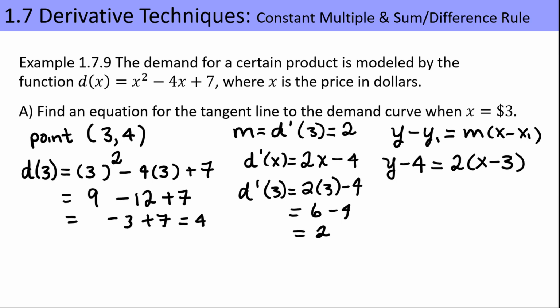Let's put this in the slope-intercept form. So we have y minus 4 equals, distributing the 2, we get 2x minus 2 times 3 is 6. Let's add 4 to both sides, so we will now have y equals 2x, negative 6 plus 4 would be minus 2.